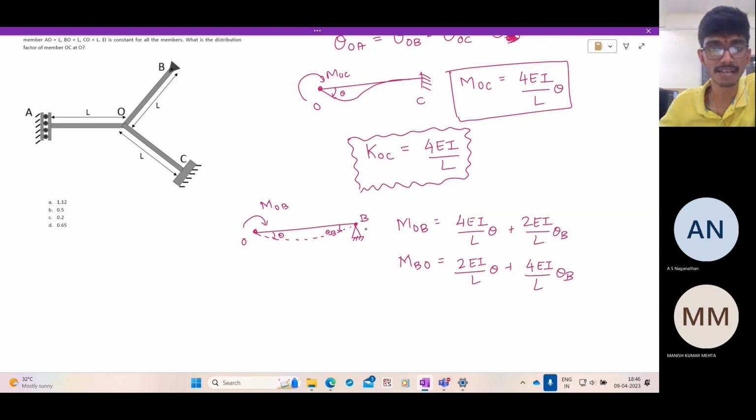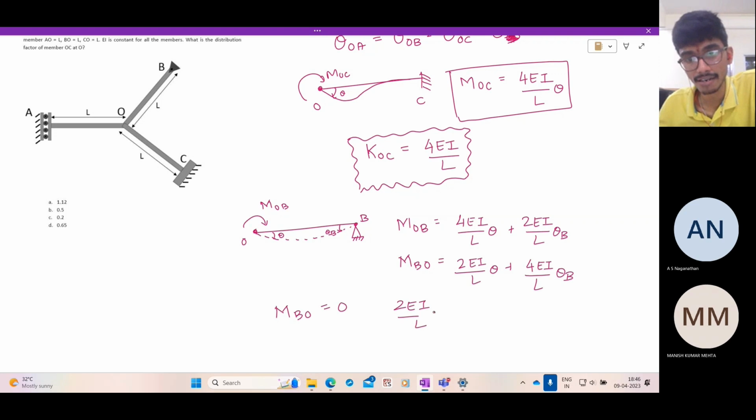Since the far end is fixed and there is no applied moment, MBO should be equal to 0. If MBO is equal to 0, what does it mean? 2EI by L theta plus 4EI by L theta B is equal to 0, which means, for a generic EI and L, theta B is equal to minus theta by 2.